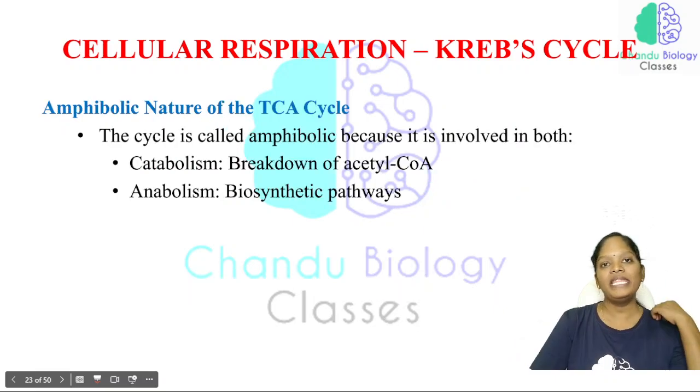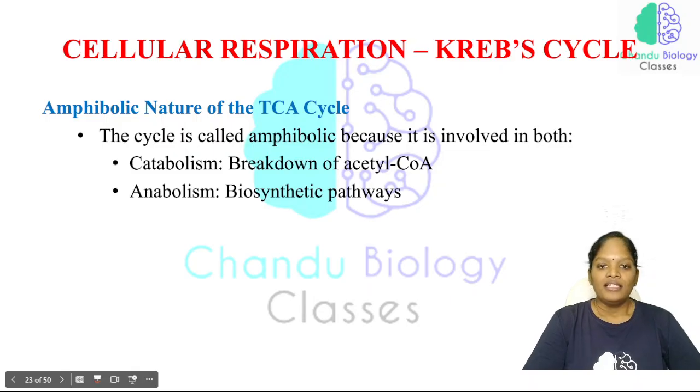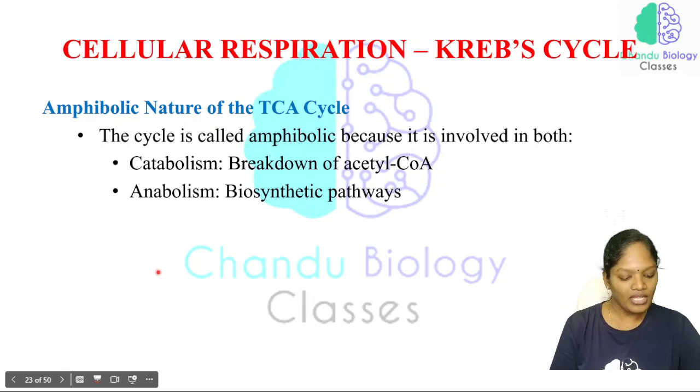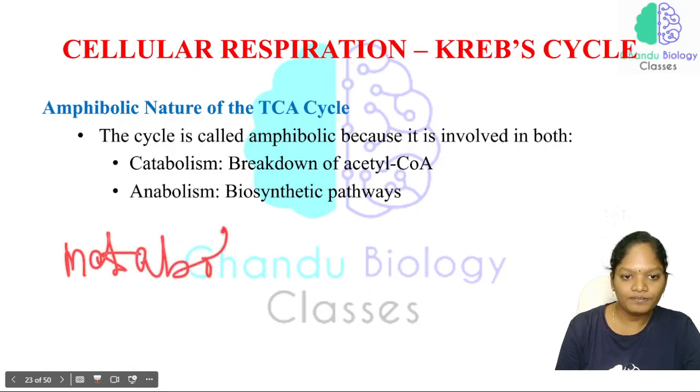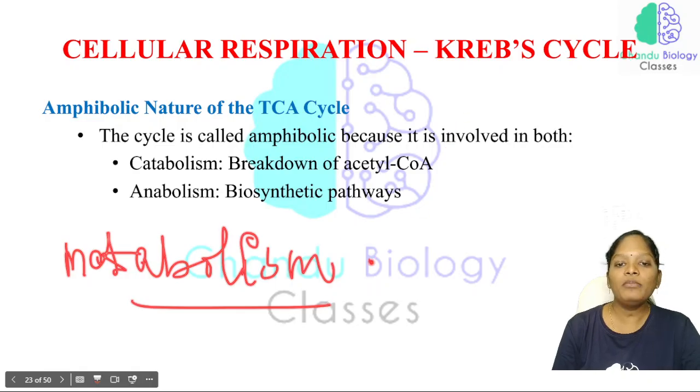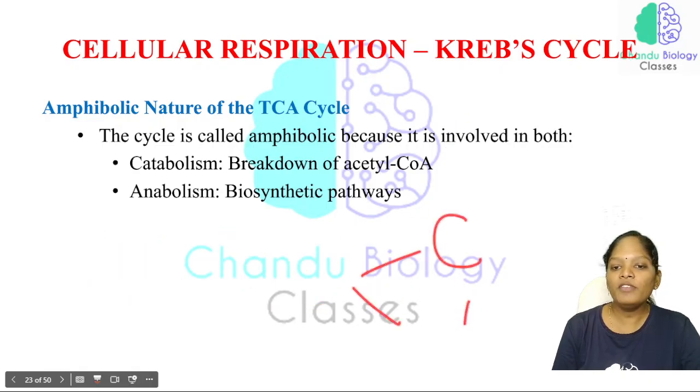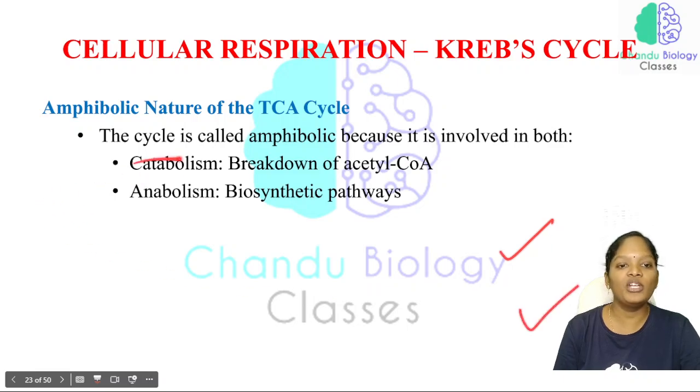Now, why are we saying this particular amphibolic nature of the TCA cycle? I have explained to you about metabolism. In metabolism we have two important processes, catabolism and anabolism.